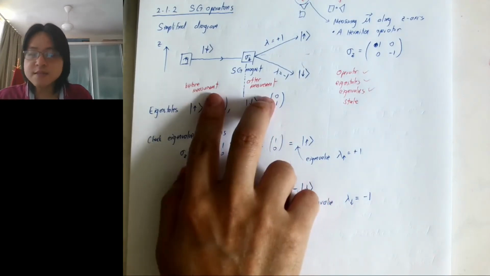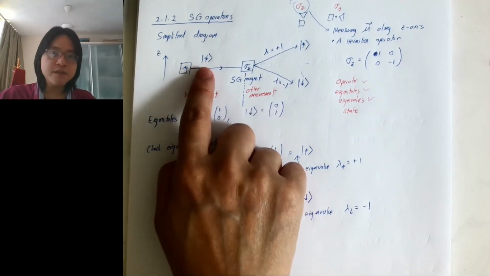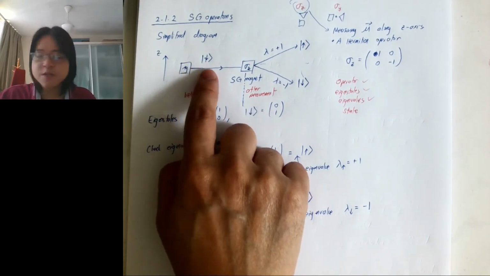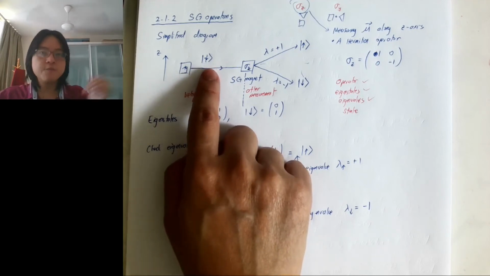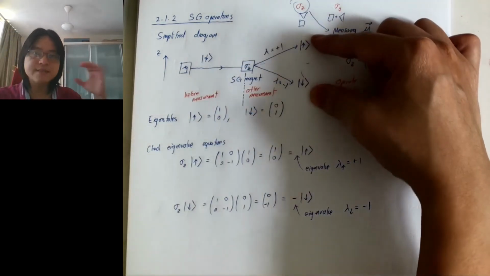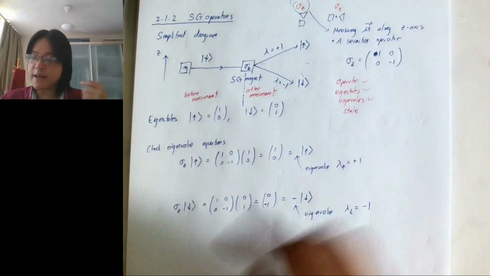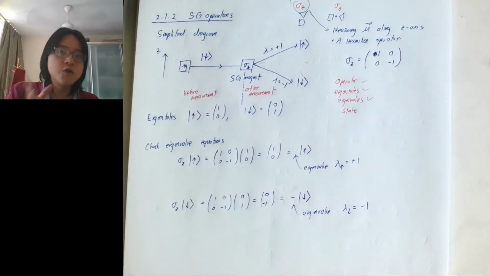So this is postulate 3. Before measurement, it is some state, we don't know what it is. It could be a superposition, maybe it's already an eigenstate, we don't know. But after measurement, the state of the atom is definitely up or definitely down. Before measurement, you don't know.